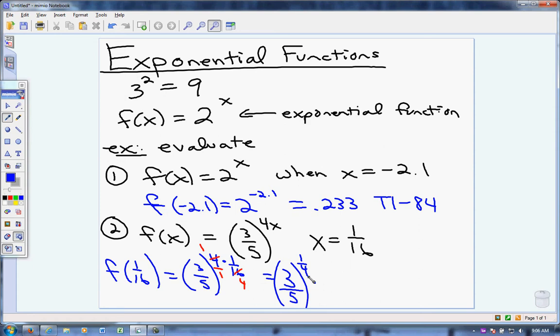So I have a 4th root, essentially, of 3/5. That would be a good place to finish that up with a calculator, because we're not going to be able to find, without a calculator, the 4th root of 3/5. So we would finish that with a calculator. I think you know how to do that on your own.